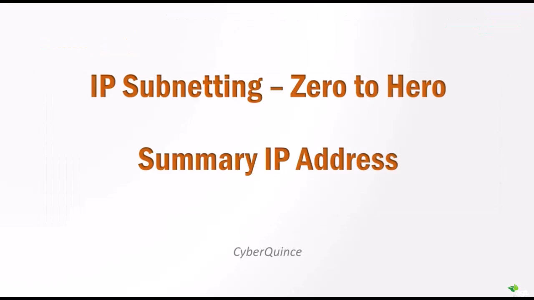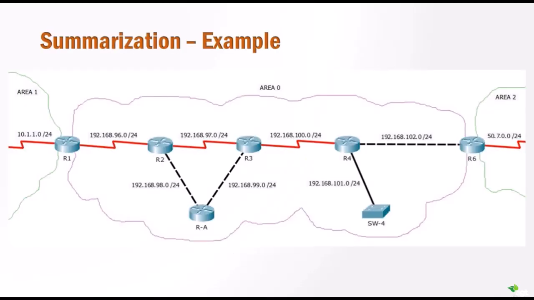In this example, our task is to create a summary IP address. As I explained in one of the previous lessons, it makes sense to create a summary IP address when you have a lot of consecutive subnets. In this scenario here, we have 3 networks called areas. So maybe you're familiar with this terminology.